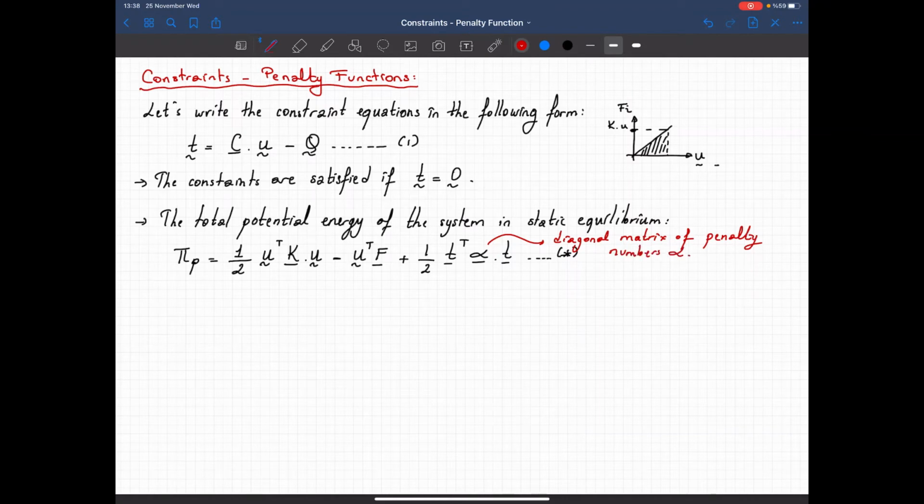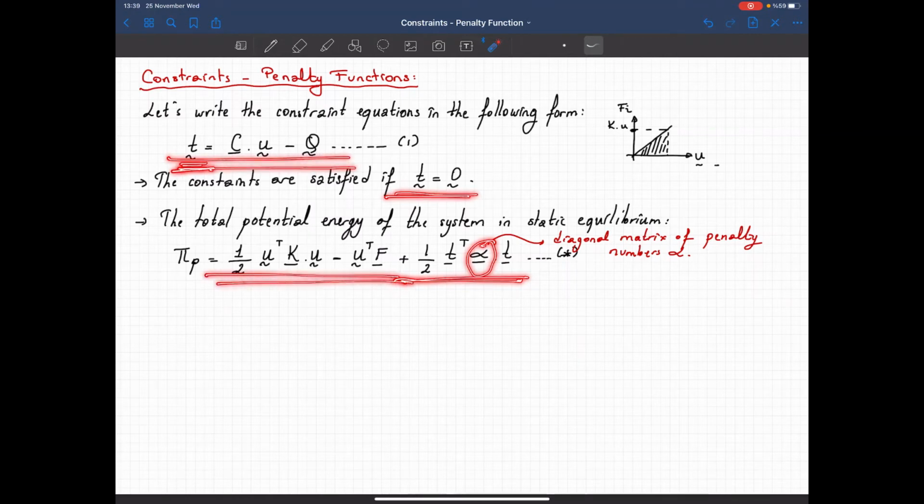Why did I do something like this? Now, if these constraint equations are satisfied, T would be equal to 0, and I wasn't adding any additional energy to that system. If you don't satisfy it, and I put a big number here, I will penalize not satisfying this equation by adding additional energy to the system, or by disturbing the equilibrium condition.